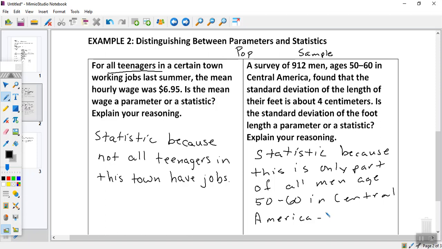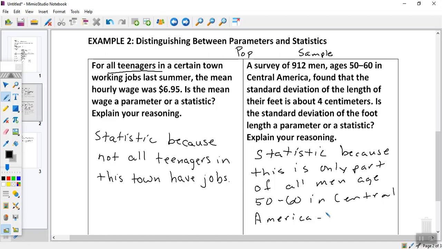They're kind of like saying my whole group is the people that are actually doing what? Working. We said this is probably a statistic because not all teenagers in this town have jobs, but if you read it in a way that says, if you talk about the group just as working people, then that's all the people that are working, right?